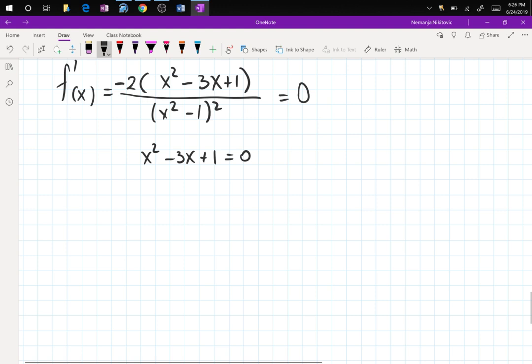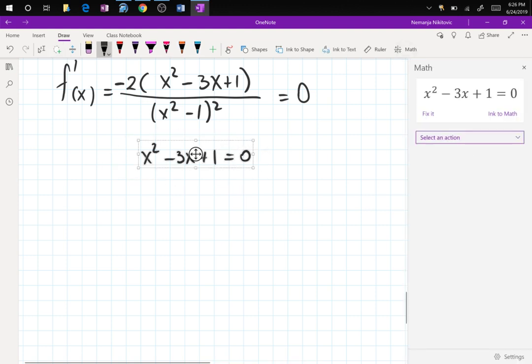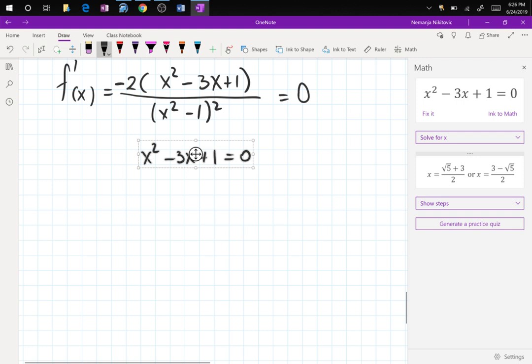Let me see if the equation solver would do a good job. Solve for x. Oh, perfect. When you solve this, you get x equals 3 plus or minus root 5 over 2.